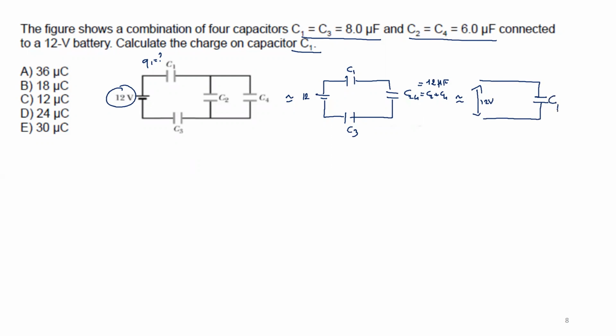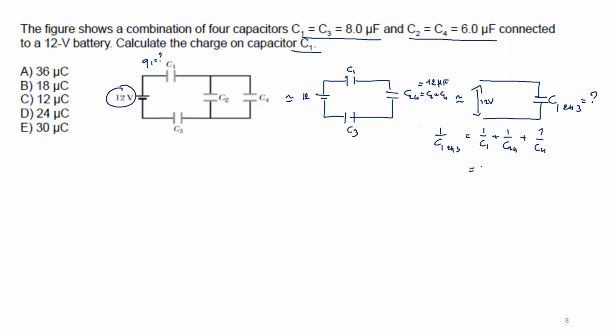And this is C1243. Now how do I get this equivalent capacitance? Basically, I have 3 capacitors C1, C24, and C3 in series. So, of course, 1 over C1243 is 1 over C1 plus 1 over C24 plus 1 over C3.